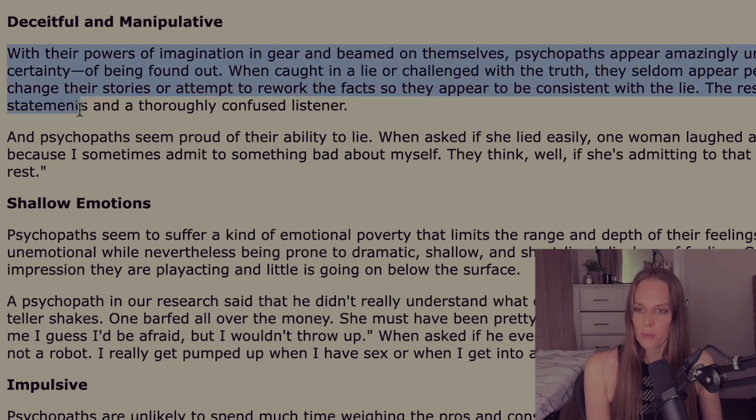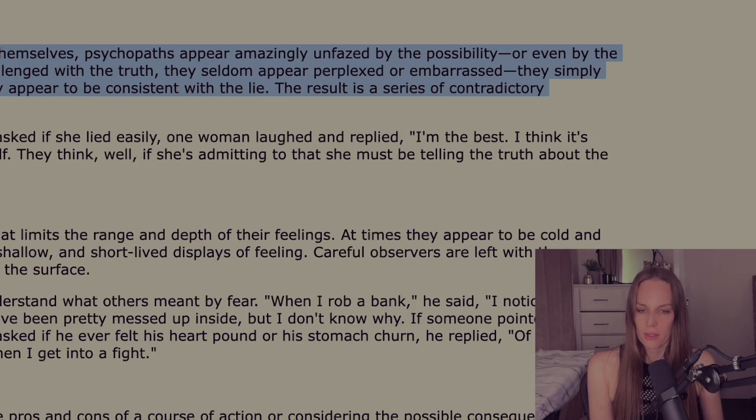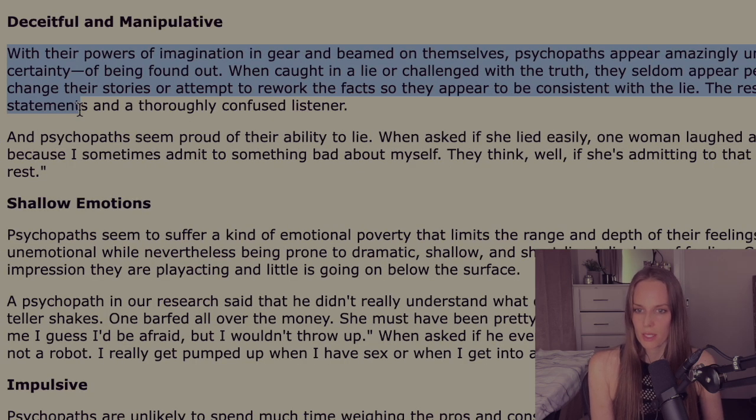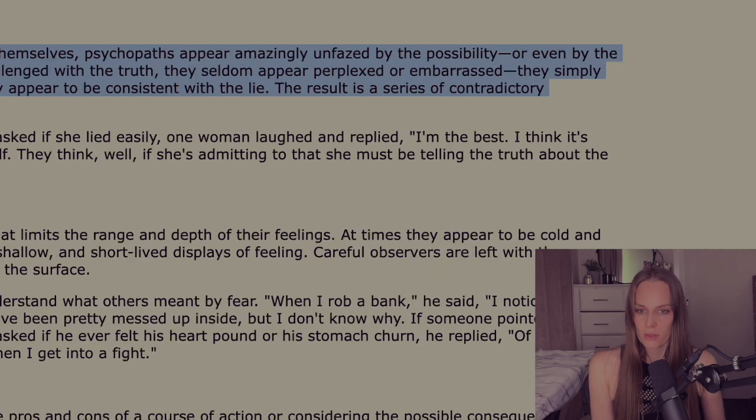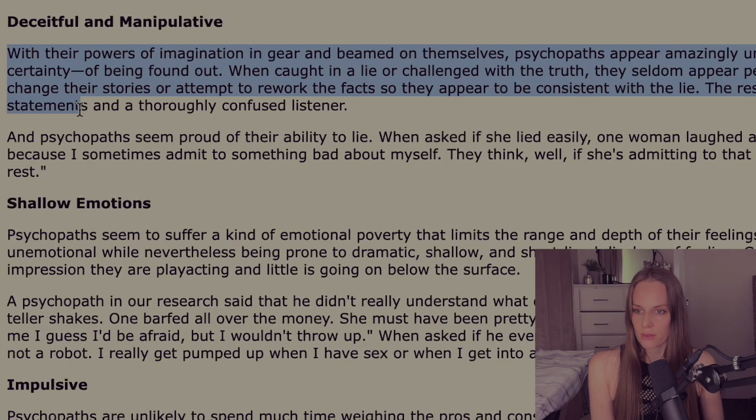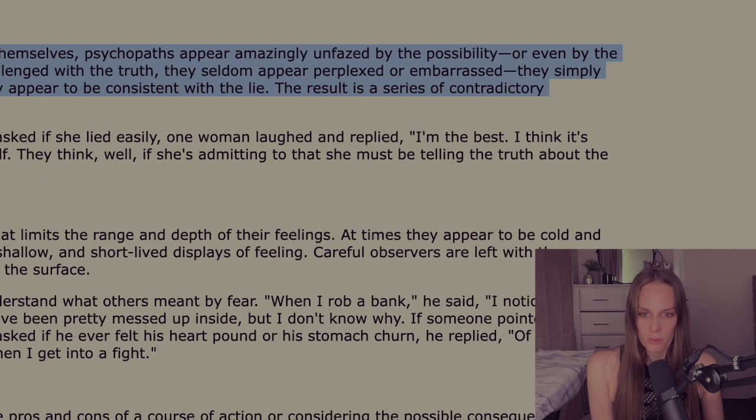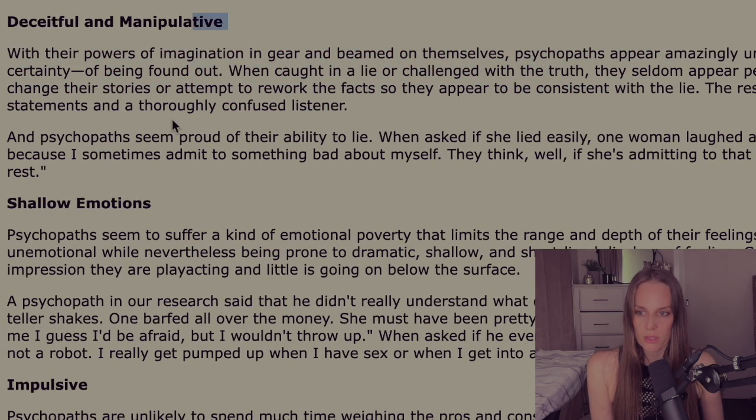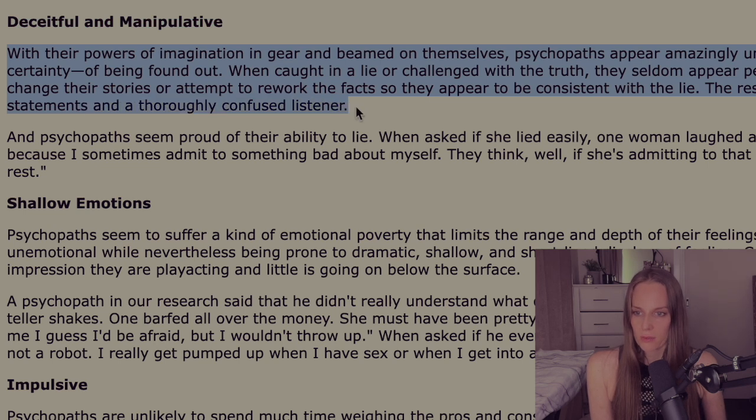With their powers of imagination in gear and beamed on themselves, psychopaths appear amazingly unfazed by the possibility, or even by the certainty, of being found out. When caught in a lie or challenged with the truth, they seldom appear perplexed or embarrassed. They simply change their stories or attempt to rework the facts so they appear to be consistent with the lie. The result is a series of contradictory statements and a thoroughly confused listener.